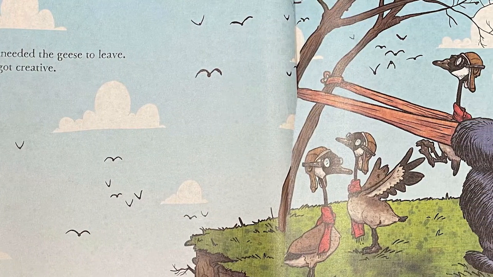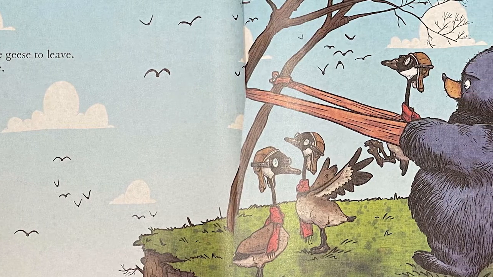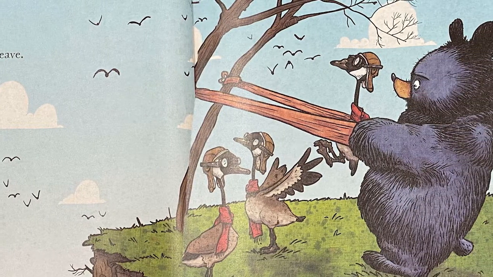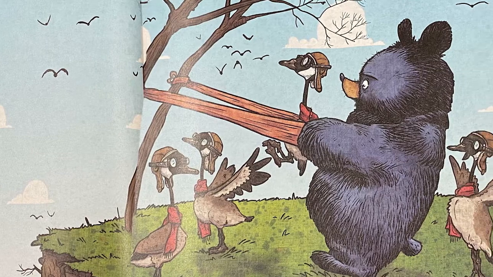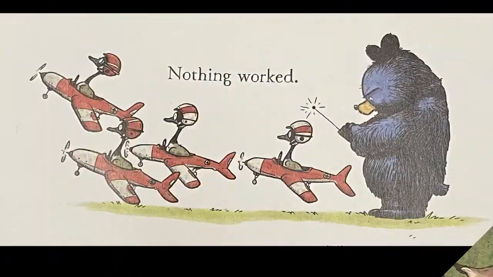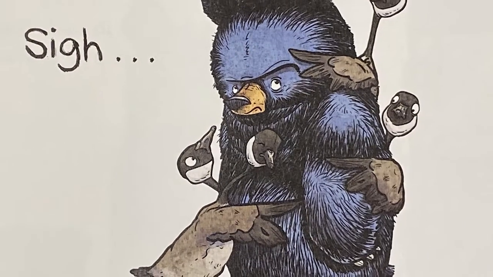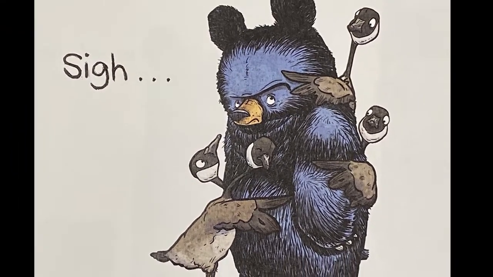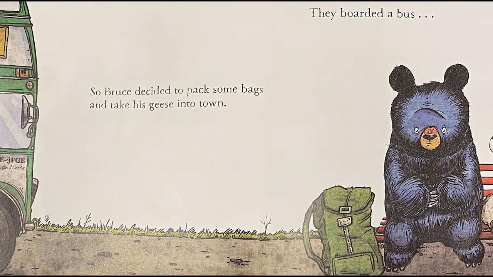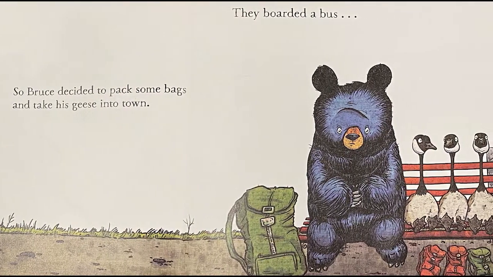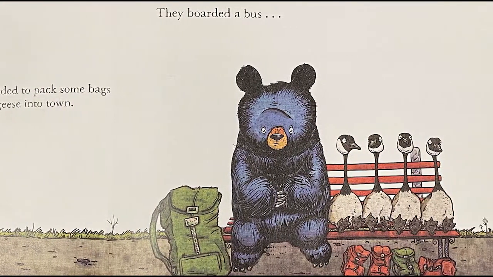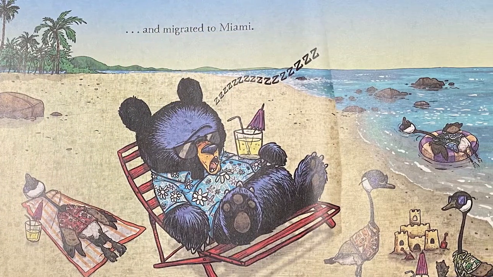Bruce needed the geese to leave, so he got creative. Nothing worked. The goose would not leave Bruce. So Bruce decided to pack some bags and take his geese into town. They boarded a bus and migrated to Miami.